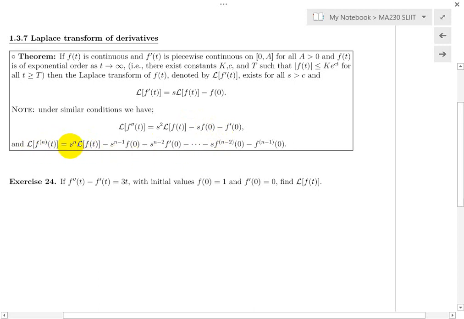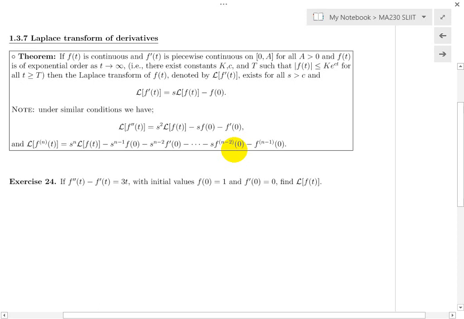You start with s^n times the Laplace transform of the original function f, then all the other terms carry minus signs: s^(n-1) times f of 0, then s^(n-2) times the first derivative evaluated at 0, and likewise you go ahead until the powers of s reduce to s^0, which is 1, times the derivative of order n minus 1 evaluated at 0.